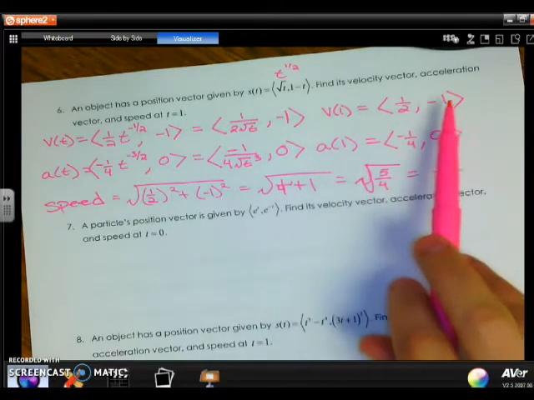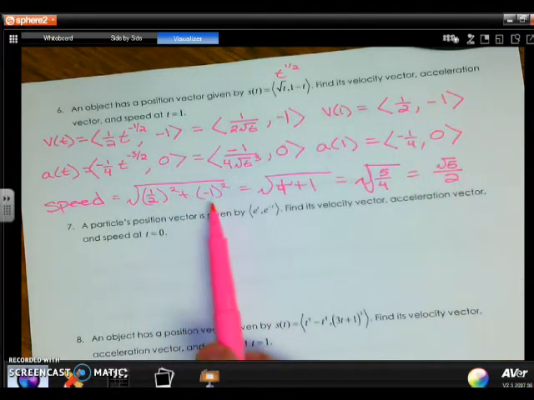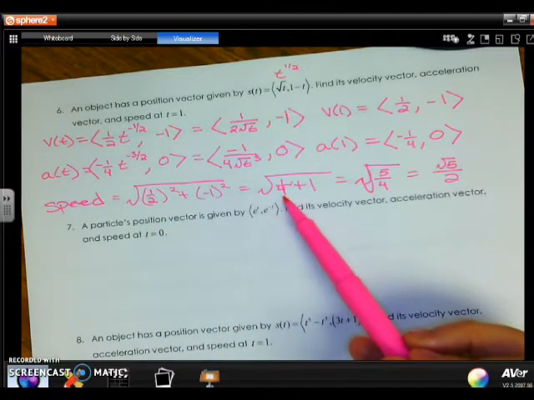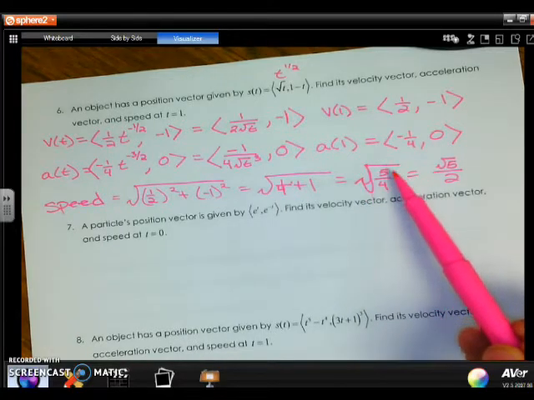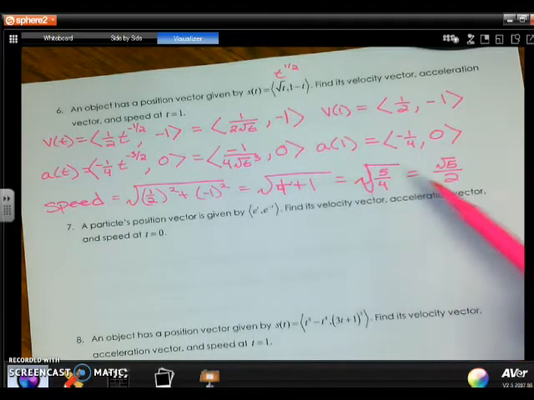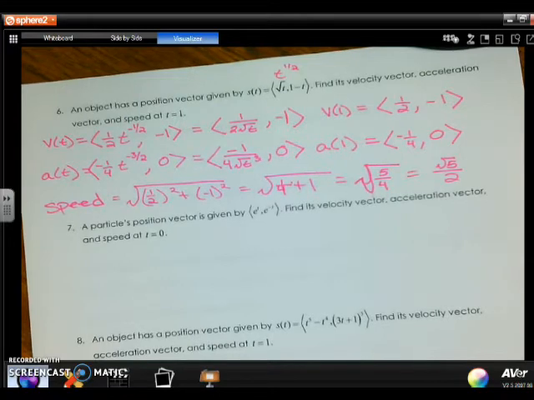So you have to square this plus square that and then take the square root of it. So that's 1/4 plus 1, and that's going to be 5 over 4. Now remember, this square root symbol goes over the whole thing, so you could break that up into the square root of 5 over the square root of 4, which obviously is 2, so you get radical 5 over 2 is your final answer there.